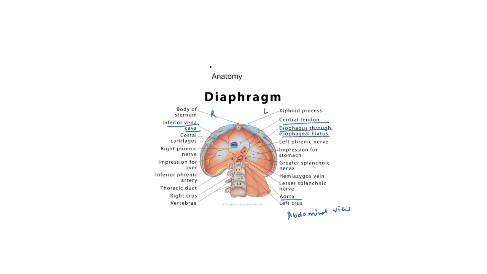And what about the nerves? These are the phrenic nerves. So we know there are three openings in diaphragm. First is opening for IVC, second is opening for esophagus, and third opening is for aorta.